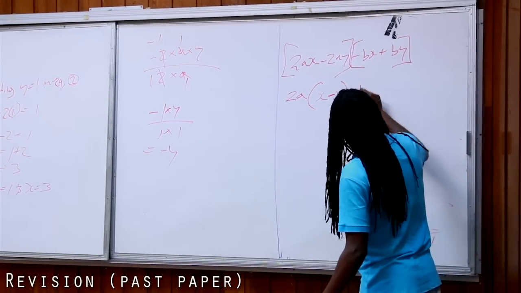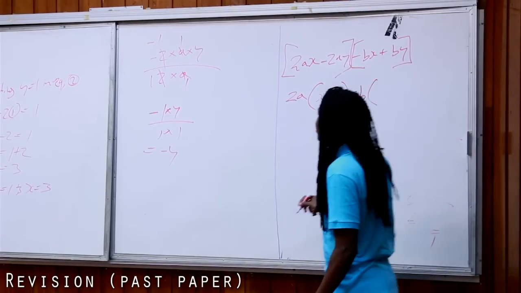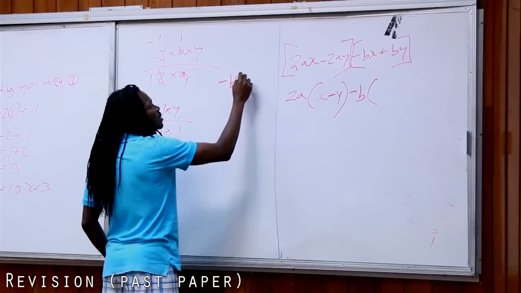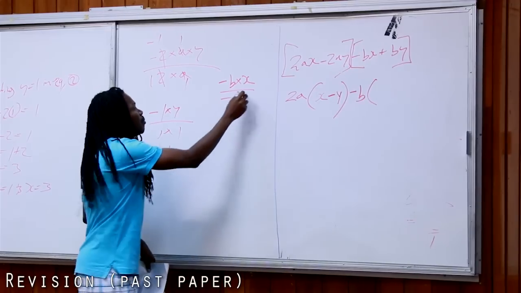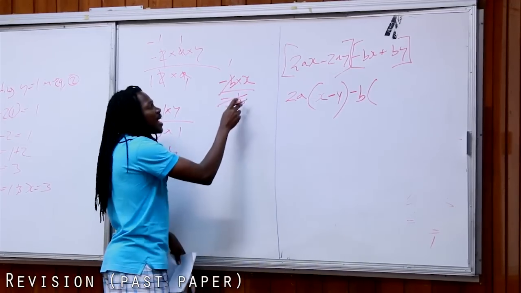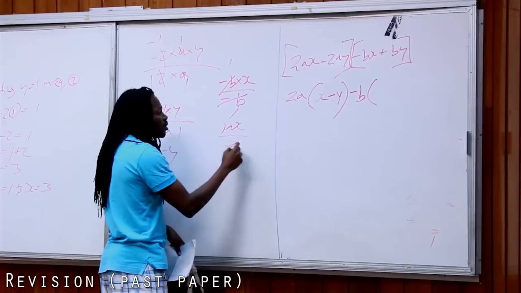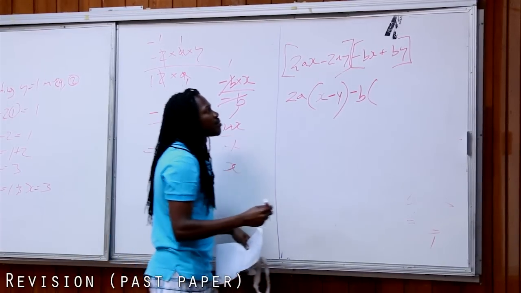So minus b, bracket. So that is minus b times x over minus b. b into b 1 time, 1 time. Negative into negative gives you positive, so it gives you 1 times x, which gives you x over 1, which gives you x.